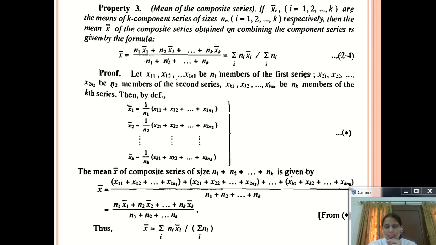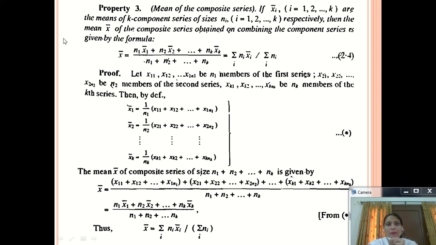Then x1 bar will be the arithmetic mean of the first series, x2 bar the arithmetic mean of the second series, and x3 bar the arithmetic mean of the third series. Suppose the first series has n1 observations, the second n2, and the third n3. Like this there are k series.